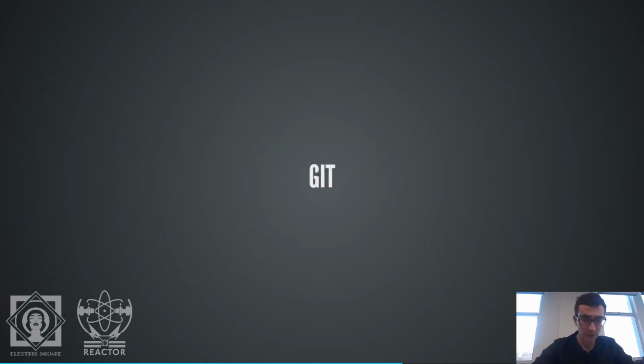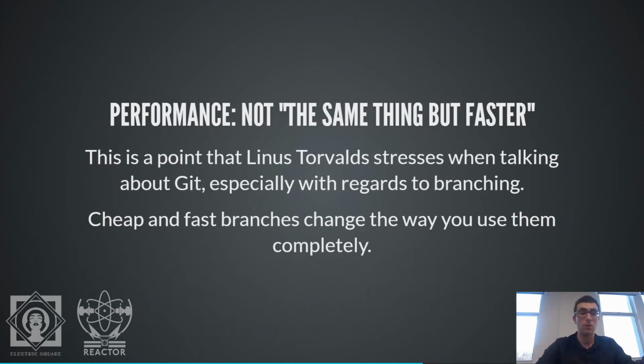So let's talk trade-offs. One of the things that's worth pointing out with performance, and this is the point that Linus made when he was explaining Git at a talk he gave, is that performance isn't doing the same thing but faster.